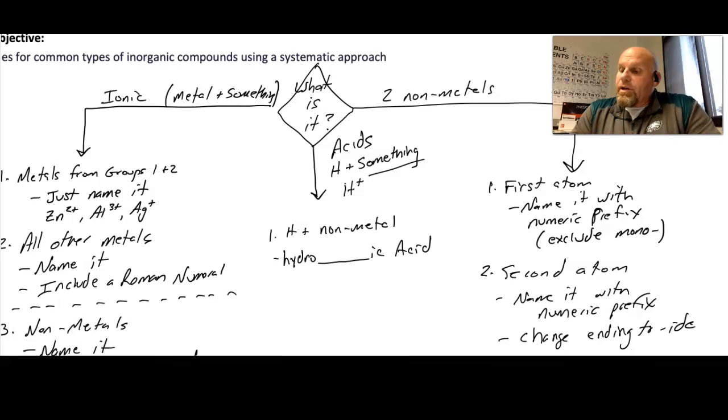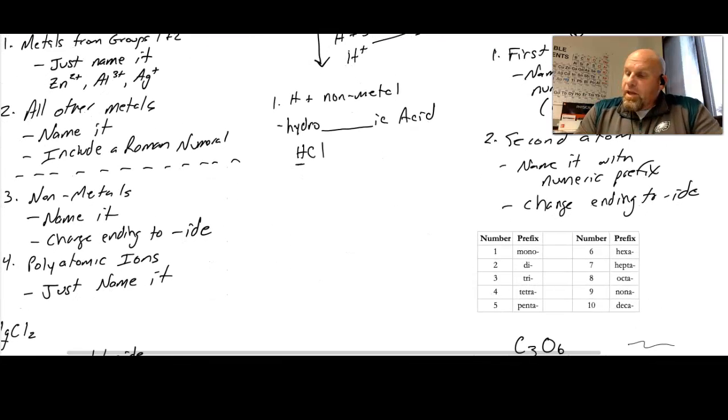So I'm going to add, for a nonmetal, this prefix hydro. I'm going to change the ending to IC. So what does that look like? That means this, again, starts with a hydrogen, so it's an acid. I'm going to follow this set of rules. The second part, the anion here, is a nonmetal, so it will be hydrochloric acid.